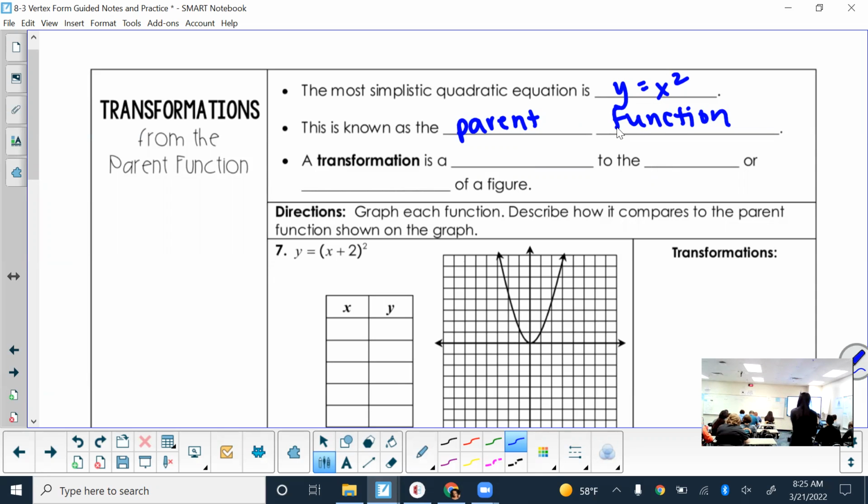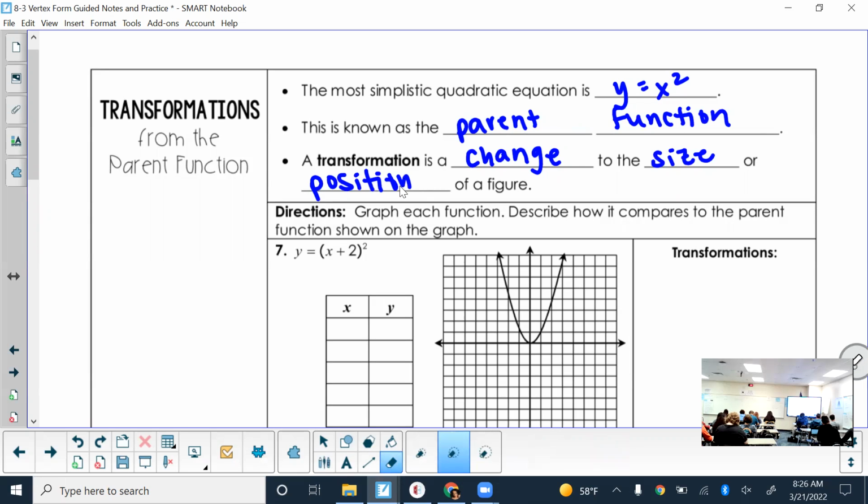Transformations are a change to the size or position of a figure. So some nice vocab there for you. A transformation is a change to the size or position of a figure.